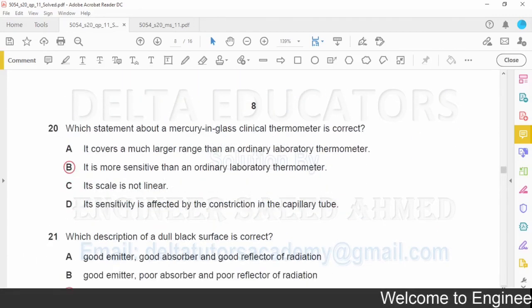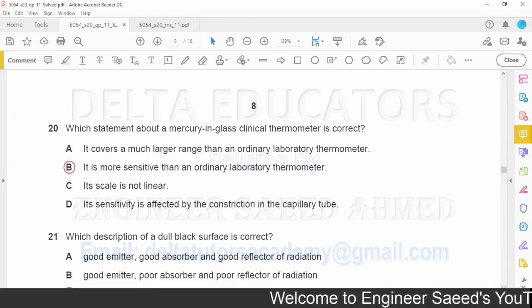So correct option is option A. Question number 20. Which statement about a mercury in glass clinical thermometer is correct? Option A, it covers a much larger range than an ordinary laboratory thermometer. Option B, it is more sensitive than an ordinary laboratory thermometer. Option C, its scale is not linear.